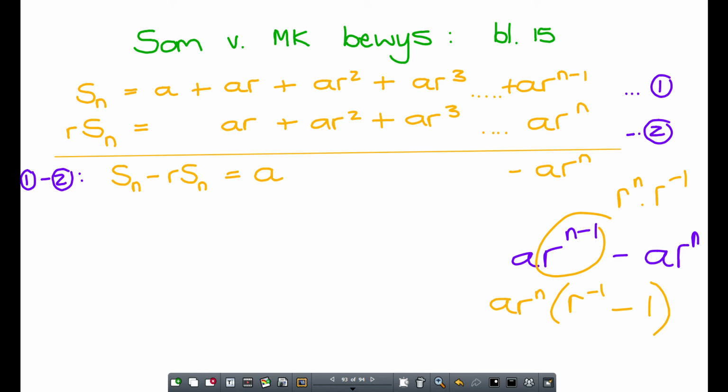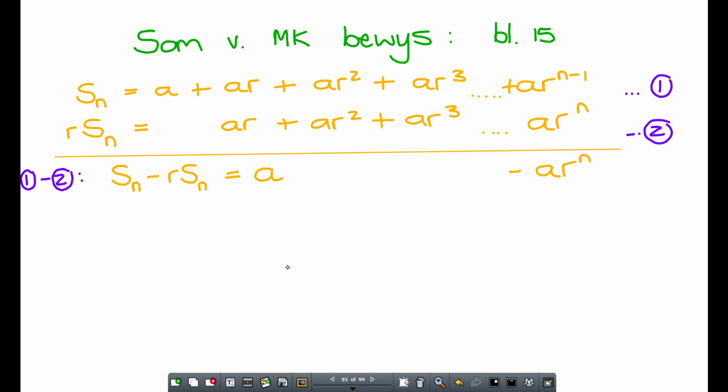Ek probeer nog gou, ek het nou daar iets gemis, hou gou aan. R tot die mag n. Ag, maar my liewe vader, julle, dis hoekom ek dit geskryf het hê. Sorry, kyk gou hê. Dis hoekom die ding nie sin maak nie. Kyk gou hê.